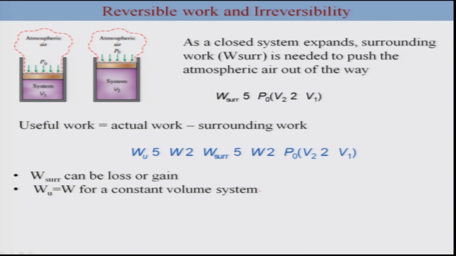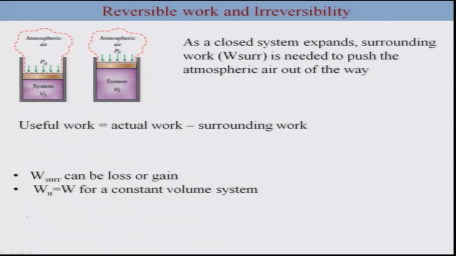Useful work. Okay, so let us look at the reversible work and irreversibility by using this piston cylinder device, which is nothing but a closed system. As this system expands, it has to push the atmospheric air out of the way in order to push the piston outward, and thus it has to do certain work.